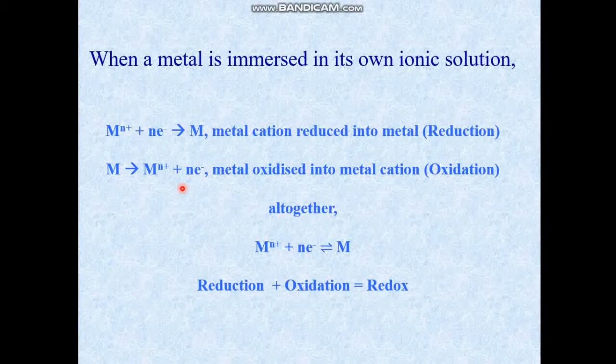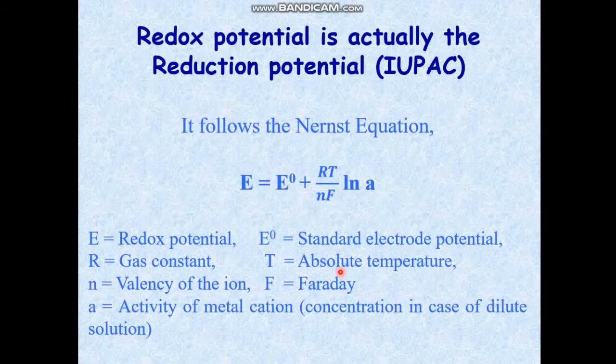That means the metal dissolves in that solution. So that is the oxidation reaction. And altogether this forward reaction and backward reaction can be presented this way: metal cation plus electron, reversible sign, neutral metal. And here is the combination of the two words, reduction, oxidation, equal to redox.